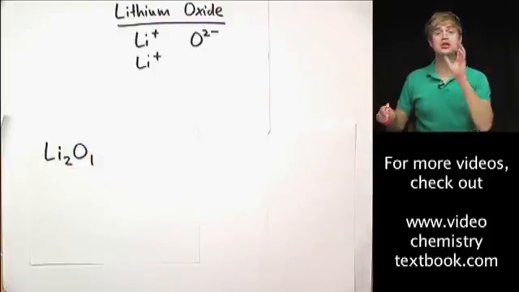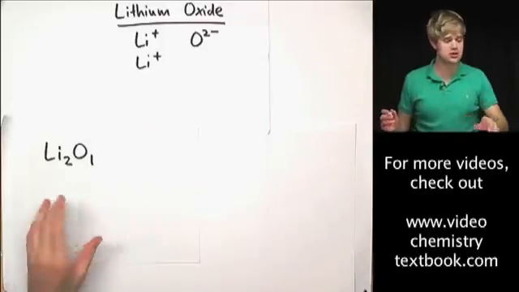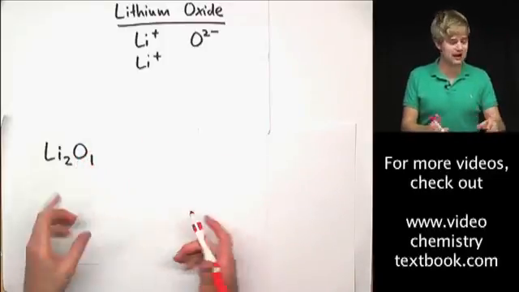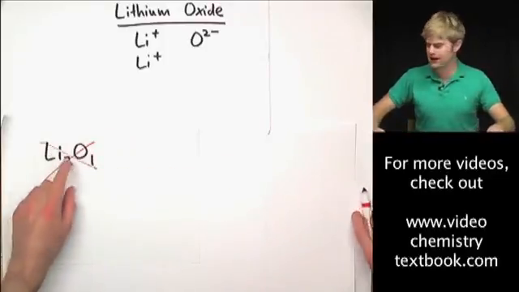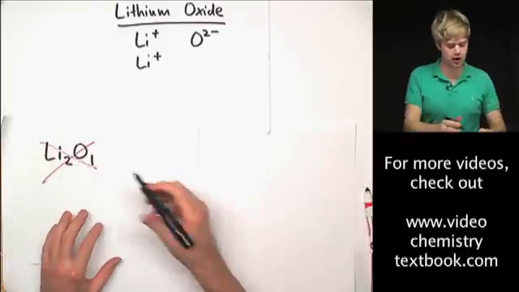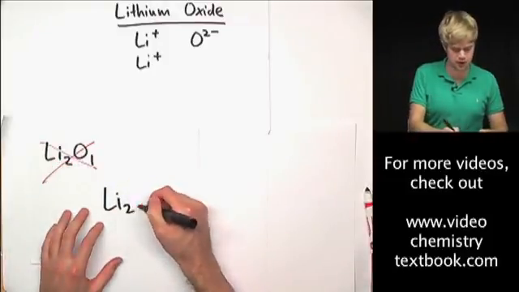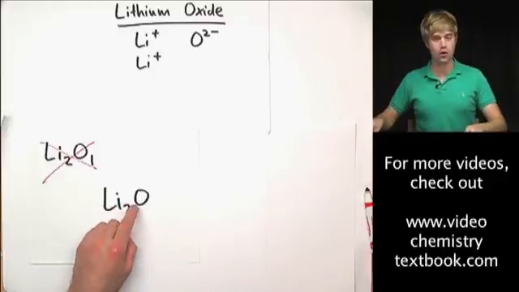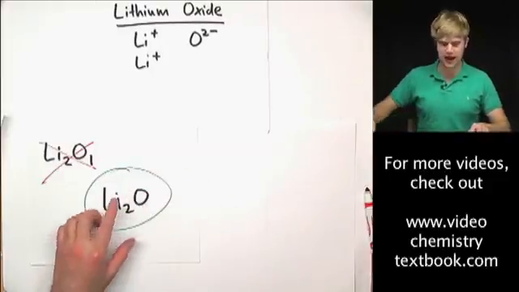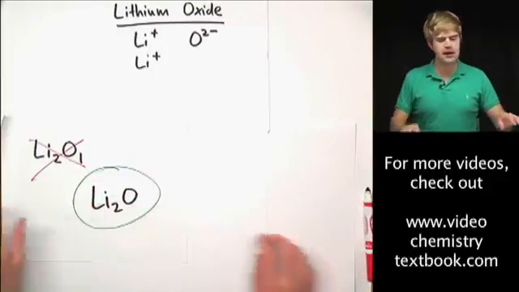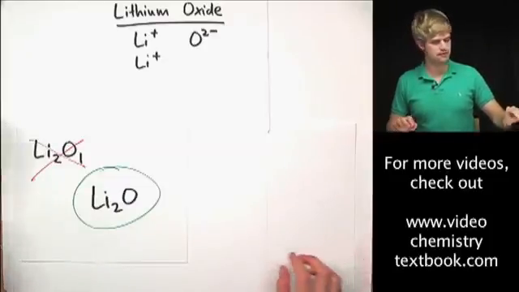It does hurt. It's just not right to do. You never want to put a 1 after an element. So Li2O1 is wrong. Instead, you want to write Li2O without any numbers after this, and this is the right way to do it.